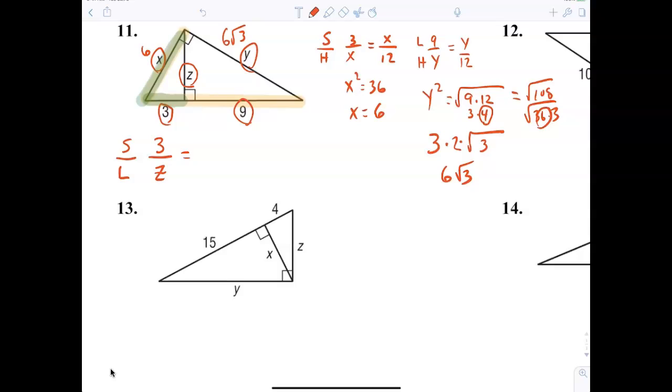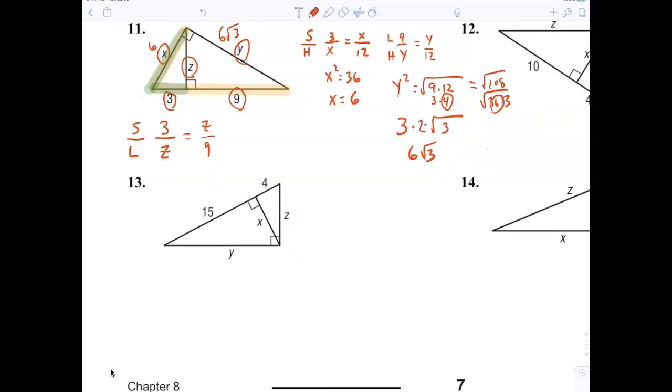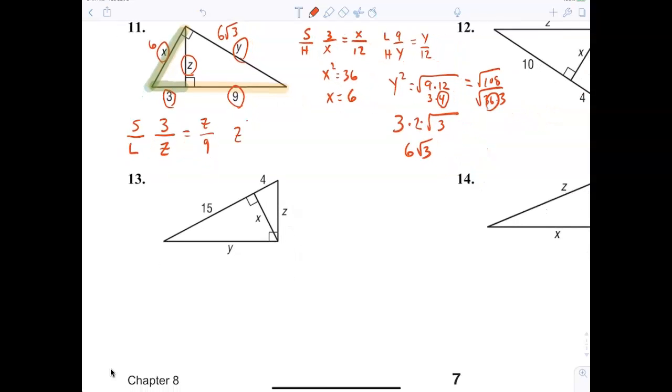What's the short leg? What's the long leg? See how easy that is? So it's z over 9. Now we have z squared is equal to 9 times 3. So z is equal to 3 radical 3.